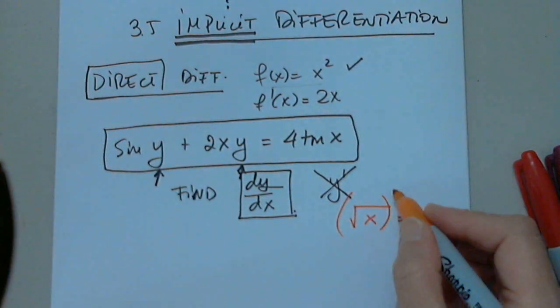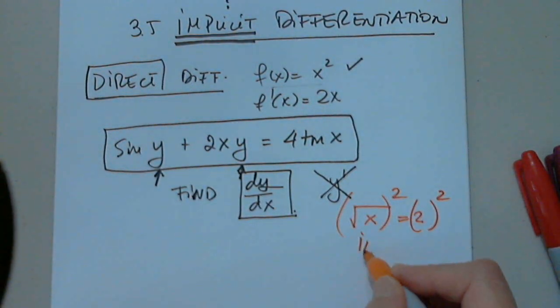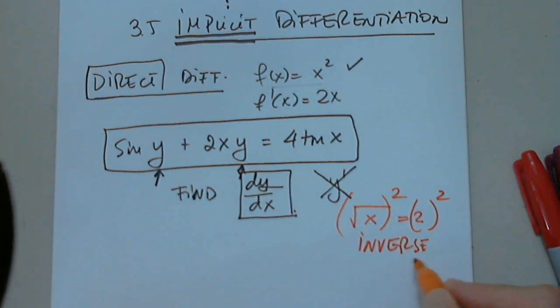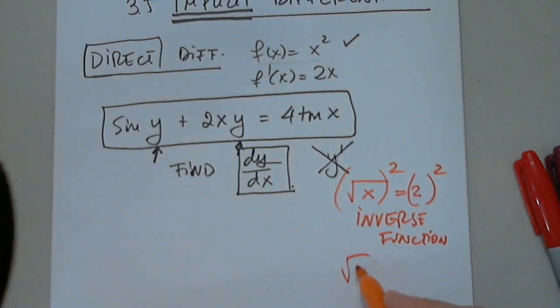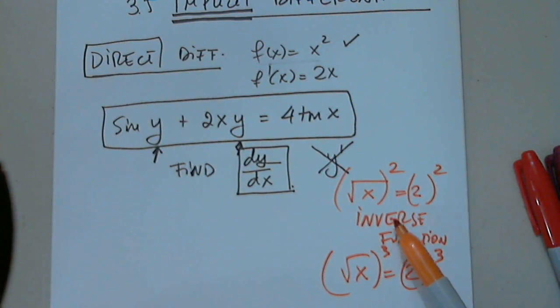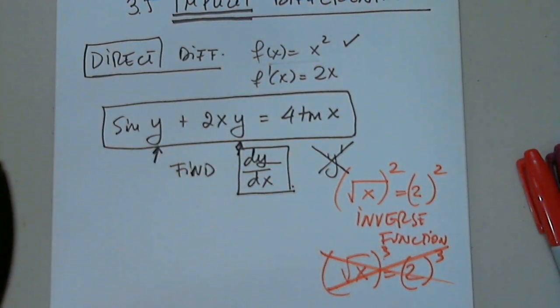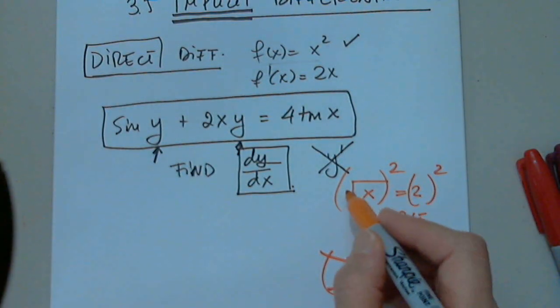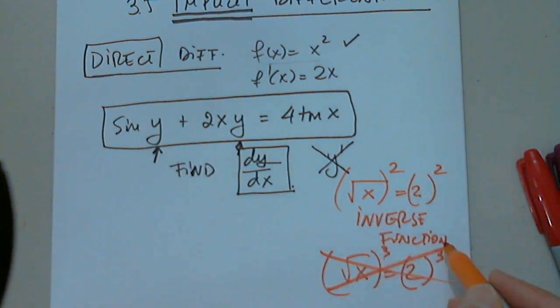Yes, we are applying the inverse function. Why didn't you say cube? Why did you pick 2? Because it wasn't a cube root. Of course, if it's not the cube root, this will not help. But power 2 and power 1/2 are inverses of each other.